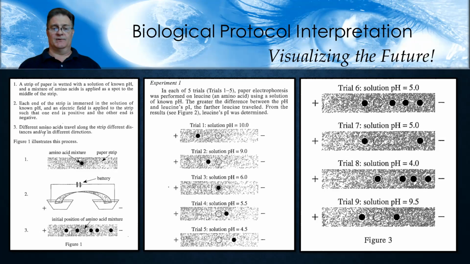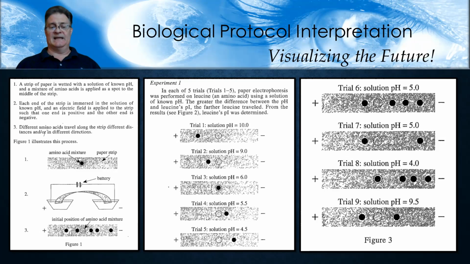Now, when the pH is 10 in trial 1, the amino acid takes on a negative charge, so it's attracted to the positive terminal. As the pH changes in trial 2 to 9, notice the amino acid gets closer to the center of the paper strip. So it's becoming less negatively charged. Look at trial 3 with the pH of 6.0.